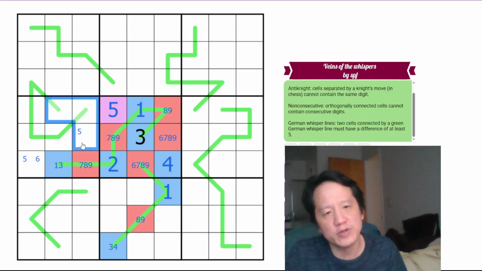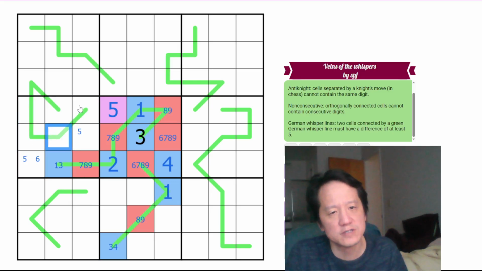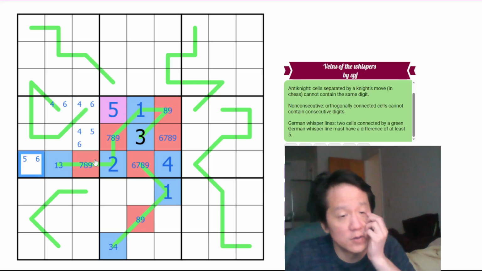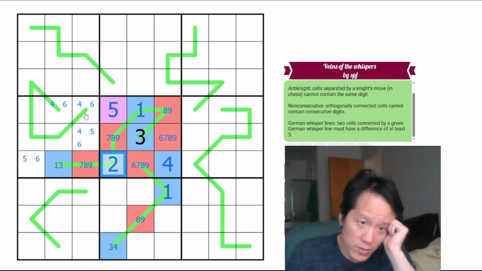And 4 could be any of these 3. So 6 could be those 3 or this one. Can't be any of these because this is next to two unique digits. This is next to two unique digits. And this is next to two unique digits on the German whisper line. So 6 could be here, 4 could be here, or it cannot be here. 5 is one of either this or this.